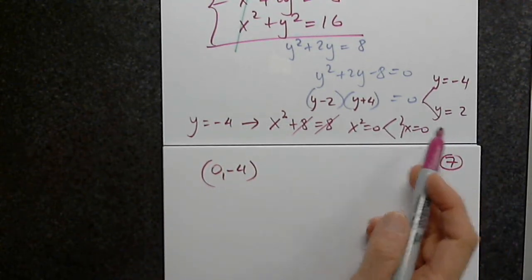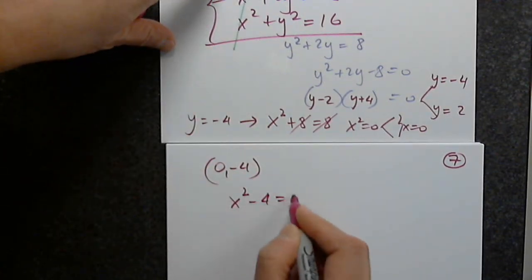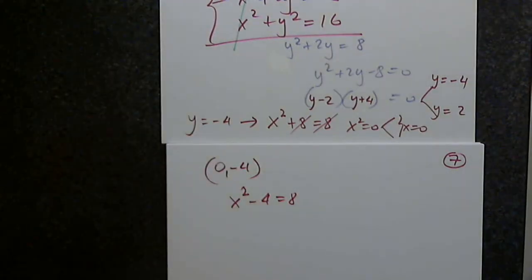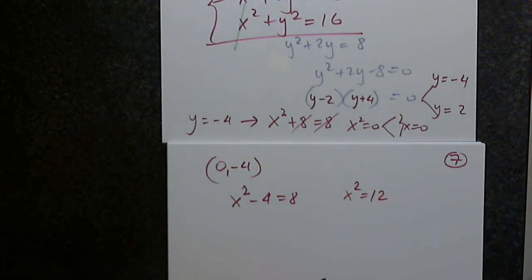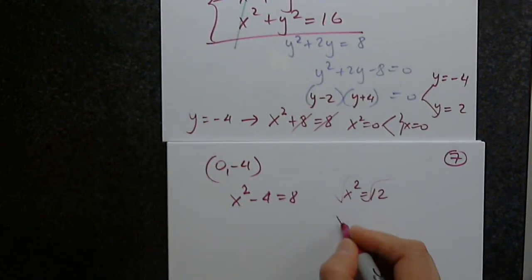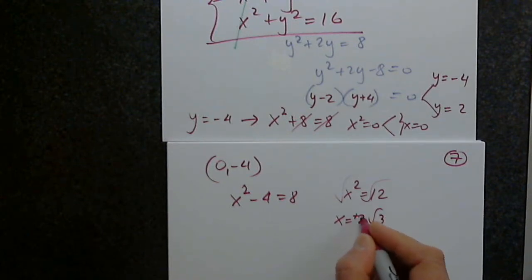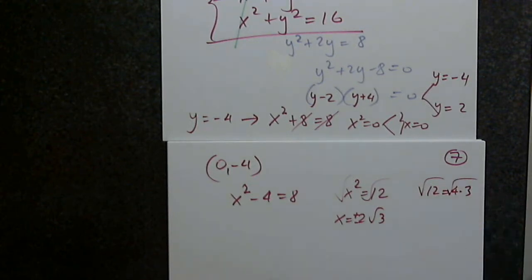Now with y equals 2, I go back to the same equation. X squared minus 4 equals 8. So then I have x squared equals 12. I have no choice but take the square root. And then I get x equals plus or minus 2 the square root of 3. So the square root of 12 equals the square root of 4 times 3.